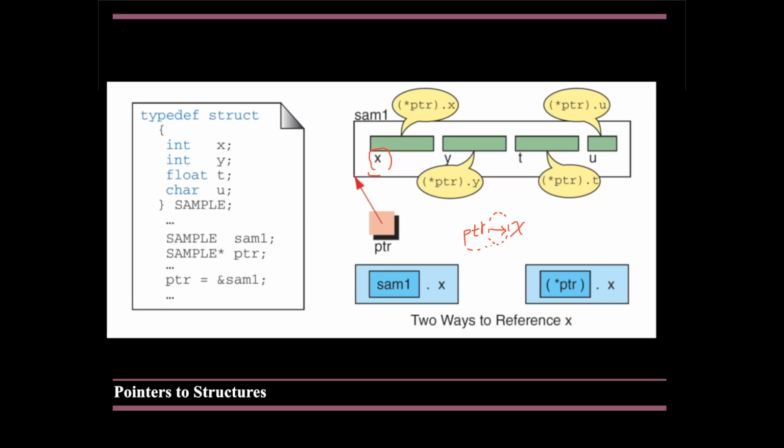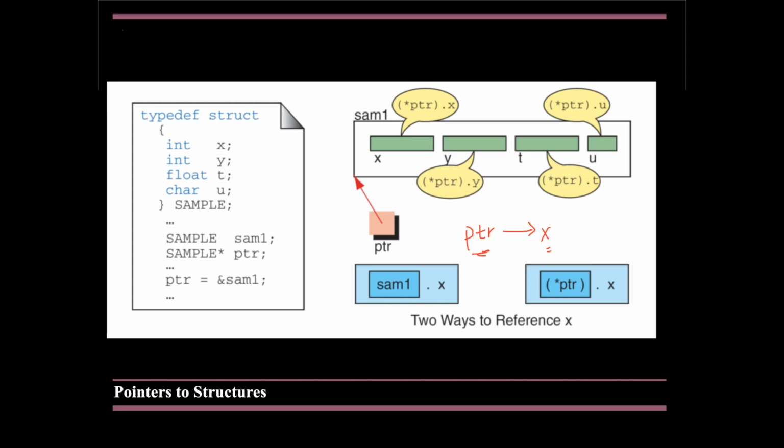Whenever you have a pointer pointing to an object, in order to access that object's individual member or field, you would need to use this indirect accessor or selection operator. Another way of accessing these individual fields is to use the indirect selection operator, which can only be applied on a pointer. So PTR is the pointer to this sample struct. You would use this indirect operator to access its member like this.